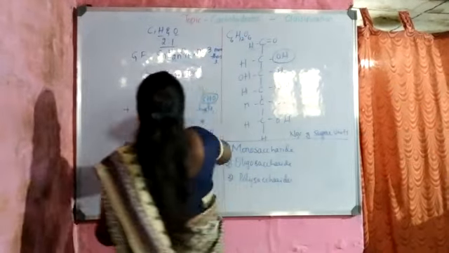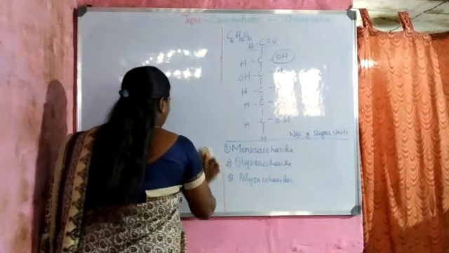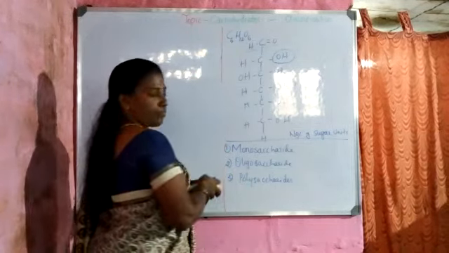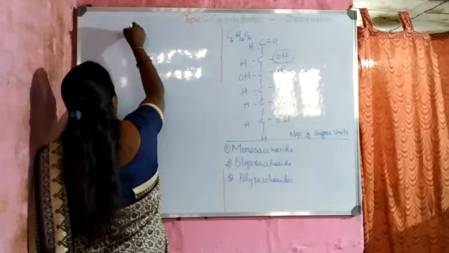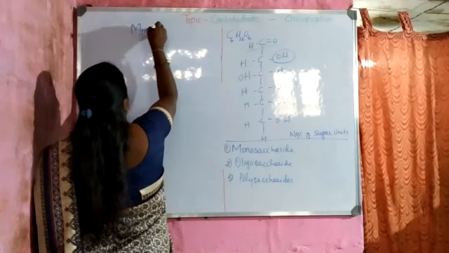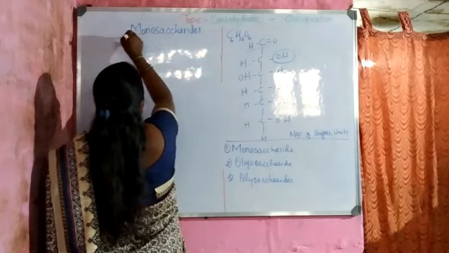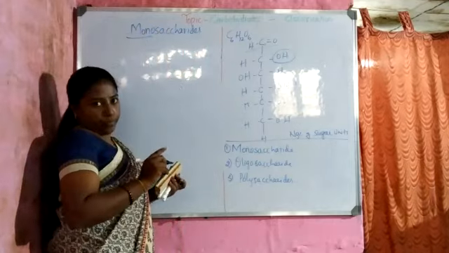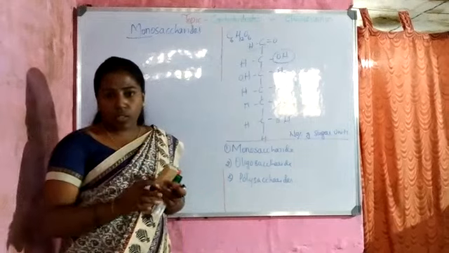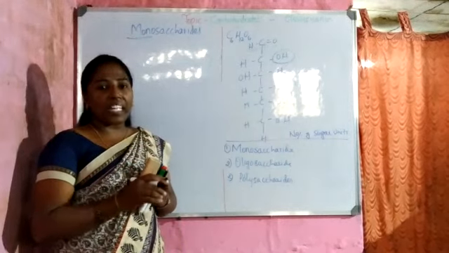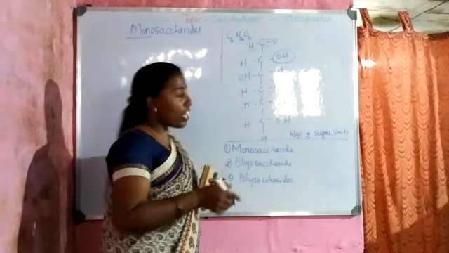The term mono represents single or one. Monosaccharides are the simple sugars or simple carbohydrates made up of only one sugar unit.